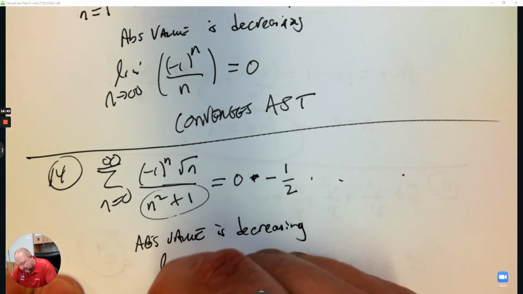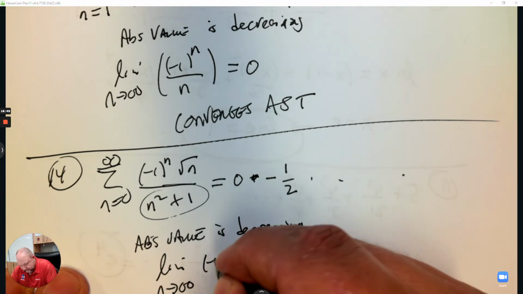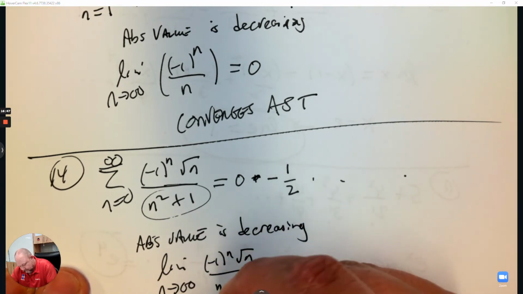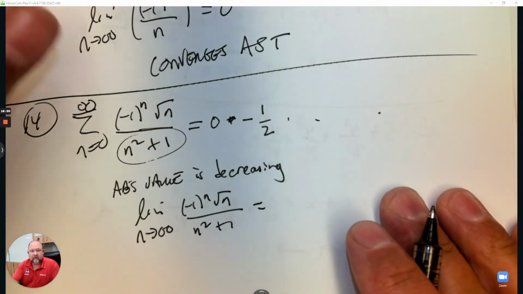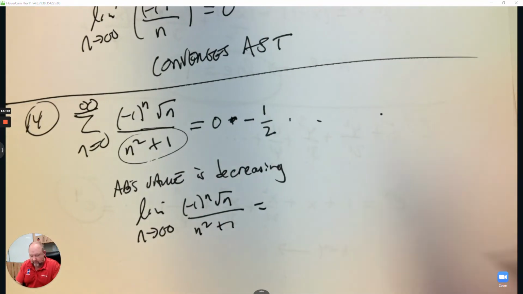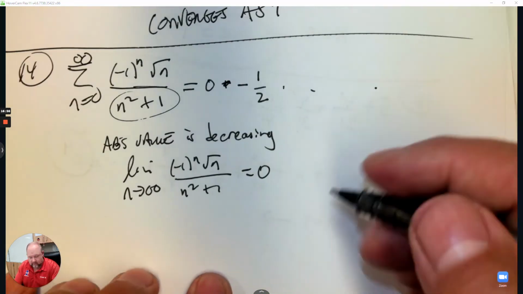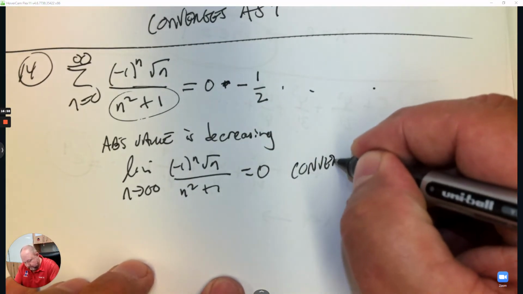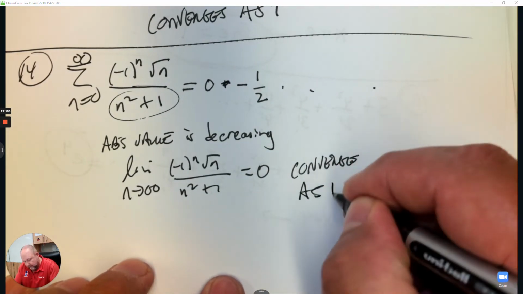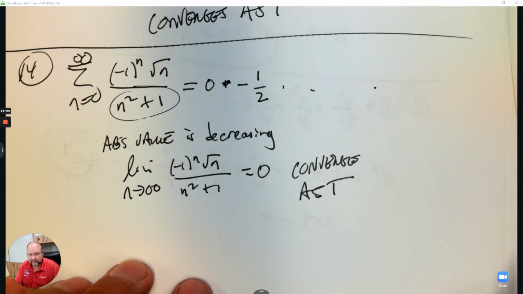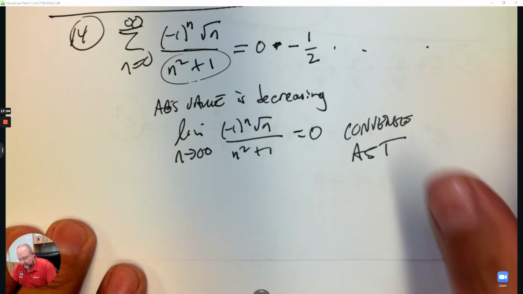And then the limit as n approaches infinity. And you can see that the bottom is more powerful than the top, so this goes to 0, so it does converge. And the reason is we say the alternating series test.